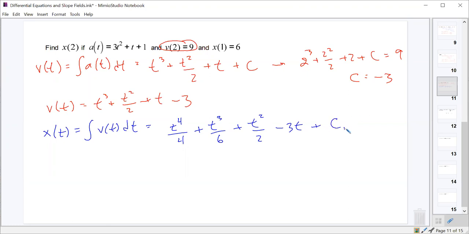And so this time I'll just call this C1, just so that I don't have another of the exact same variable up there. And so now we know that when we plug in 1, we ought to get 6. So that tells us that 1/4 plus 1/6 plus 1/2 minus 3 plus that constant needs to equal 6. And so what did you get for that constant?